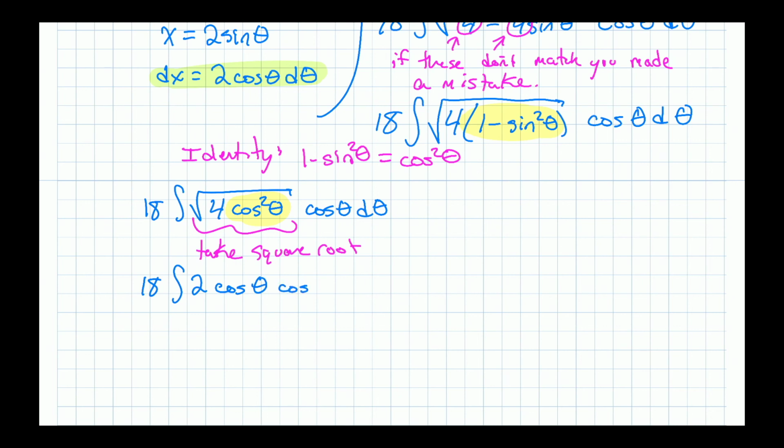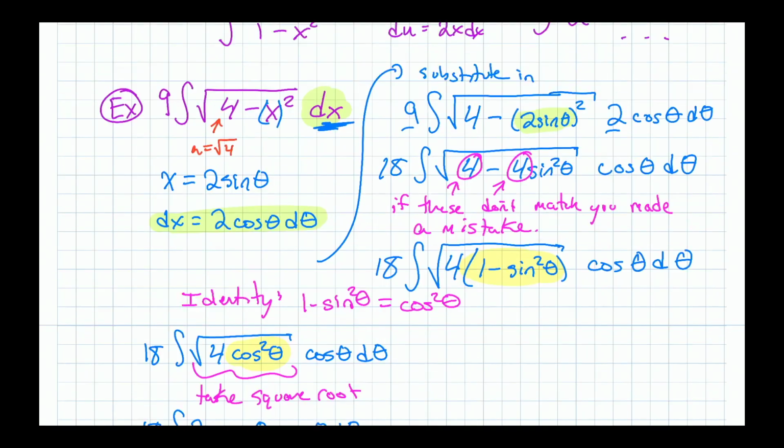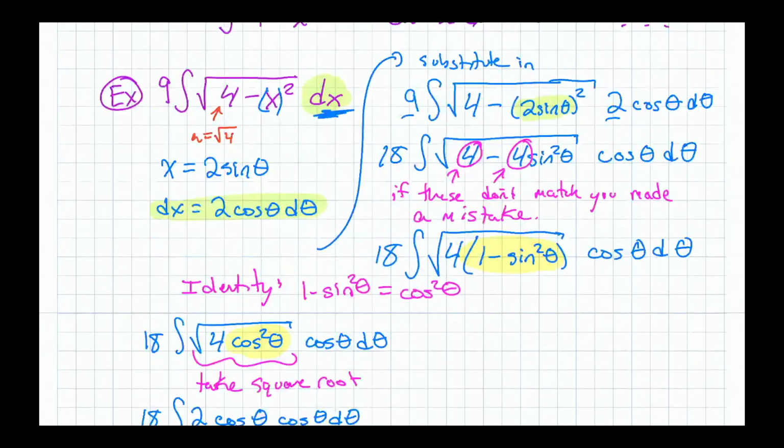Now remember what I said about that, right? It should be absolute value cosine theta. But up here at the top, I should have said for theta in negative pi over 2 to positive pi over 2.